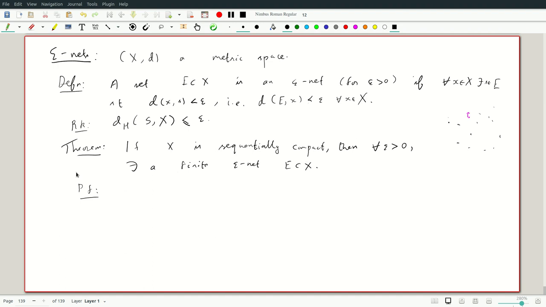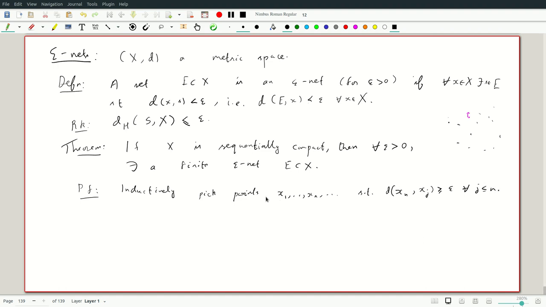Okay, so how do we show this? Let me put it this way: inductively pick points x1, x2, ..., xn onwards, such that xn is picked with the distance between xn and xj greater than or equal to epsilon for all j less than n.